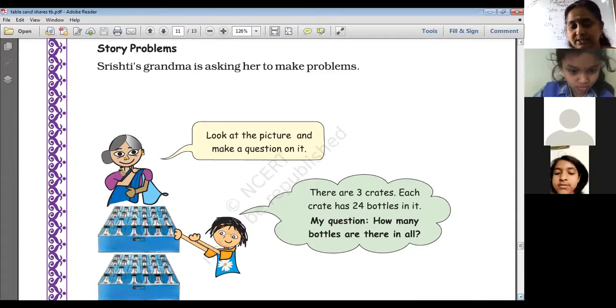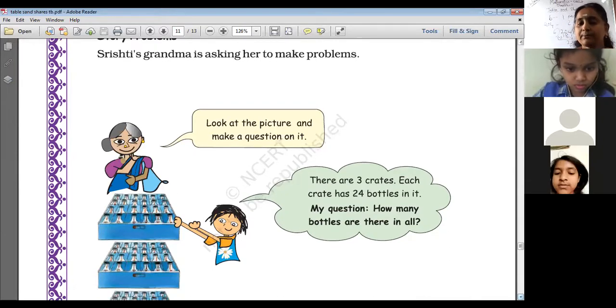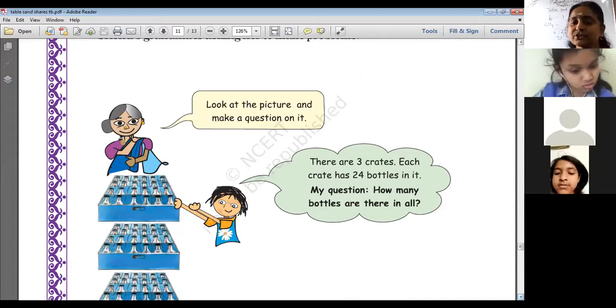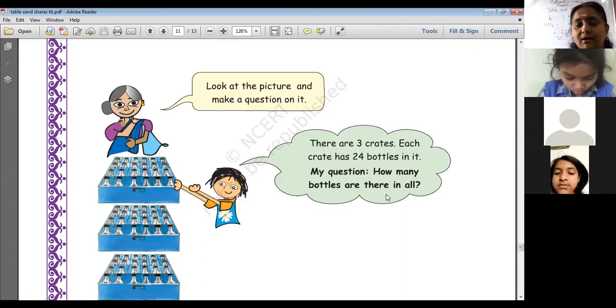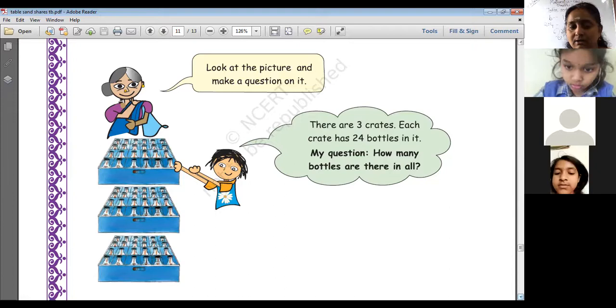There are 3 carts. Each cart has 24 bottles in it. For this, she needs to make a question. How many bottles are there in all? Multiplication. Yes, very good. You have to do the multiplication.